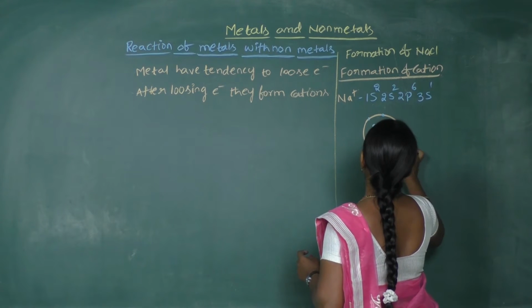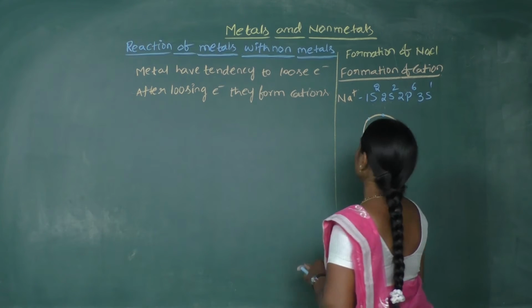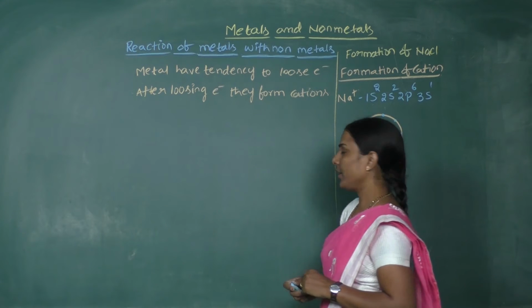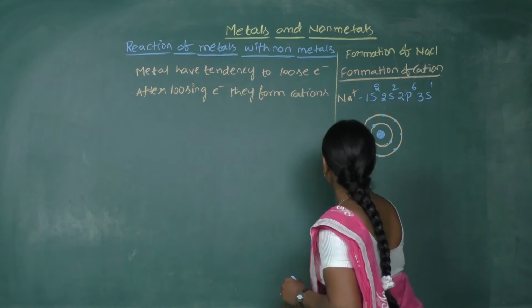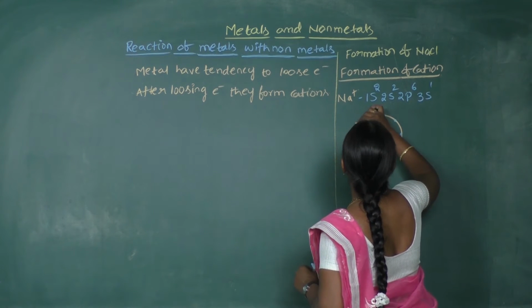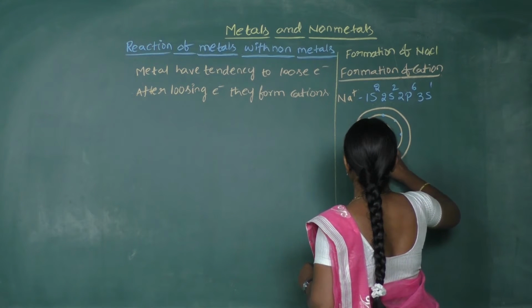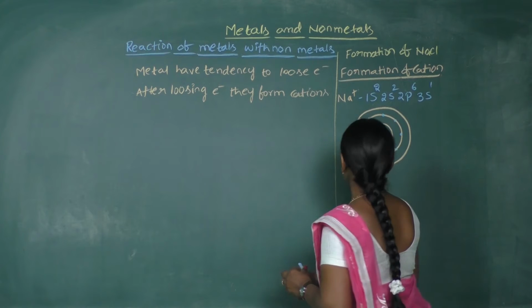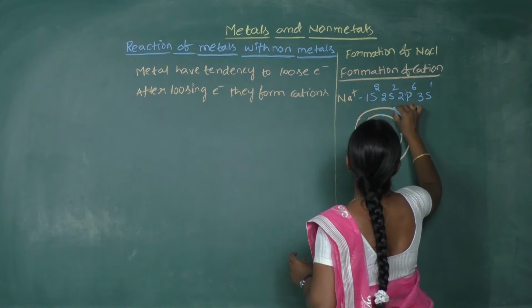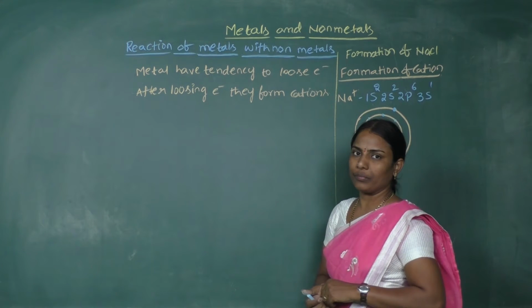And in the third shell, the outermost shell, there is only 1 electron, right?